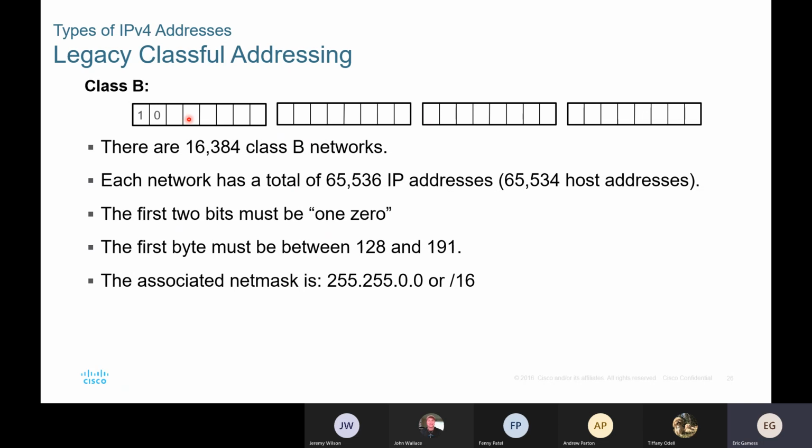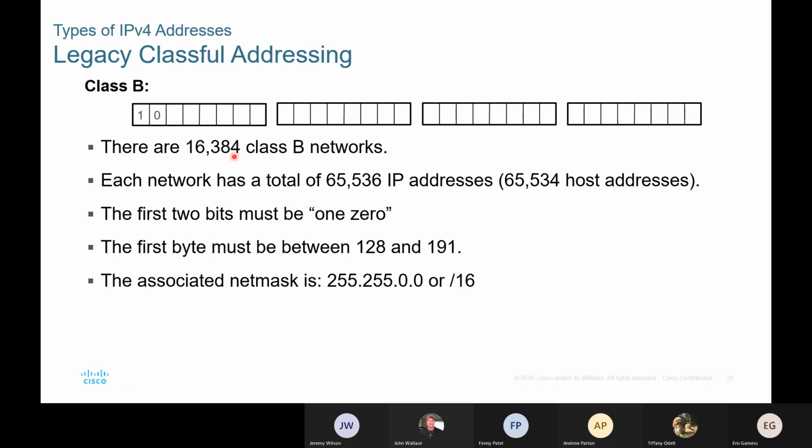So it's 1 times 1 times 2 times 2 times 2 times 2 times 2 times 2 times 2. So at the end it's 2 to the 14, and 2 to the 14 is 16,384. So we have 2 to the 14 networks.